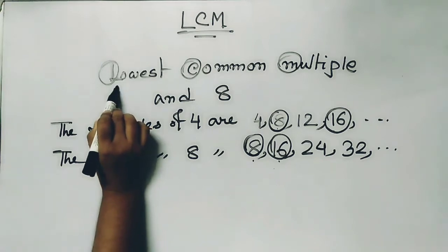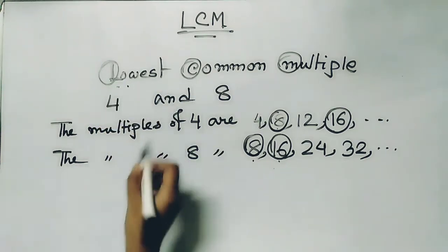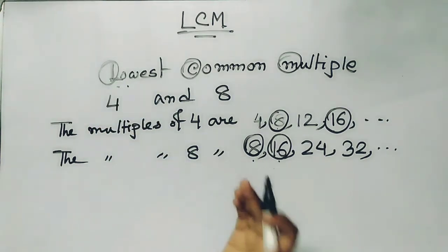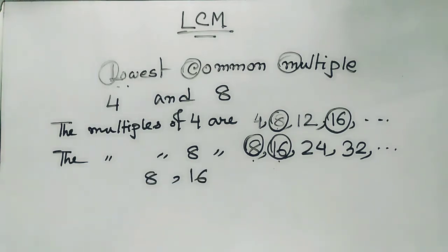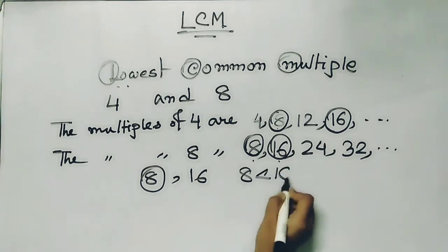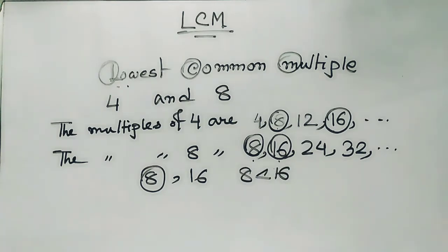Lowest common multiple, that is lowest. So which multiple is lowest among 8 and 16? Obviously 8 is smaller than 16. So LCM will be 8.